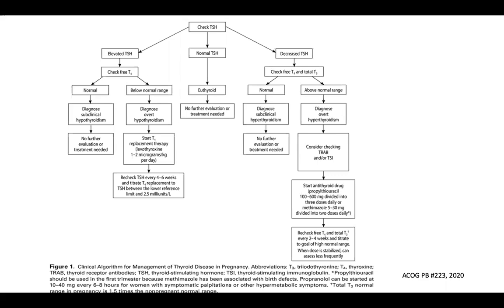And if it's normal, no further evaluation is needed because the diagnosis is subclinical hypothyroidism. But if the free T4 is below normal range, then they have overt hypothyroidism, and you should replace them and recheck their TSH in about 4 weeks. If you check a TSH and it's normal, then the patient is euthyroid and you don't need to do anything else.